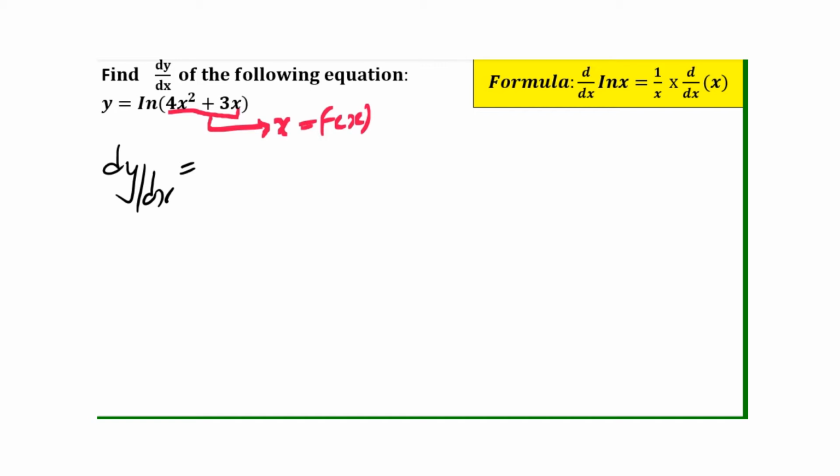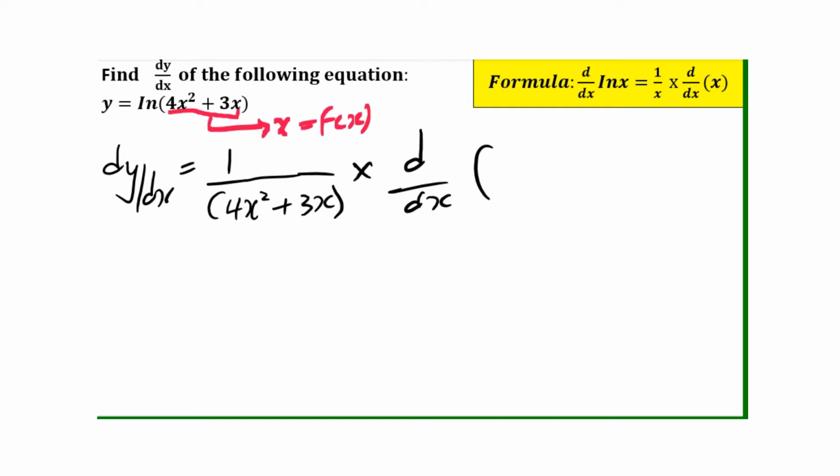Then you're gonna say 1 over, okay, your f of x in this case is what? It's 4x squared plus 3x. Multiply by your d over dx of 4x squared plus 3x.